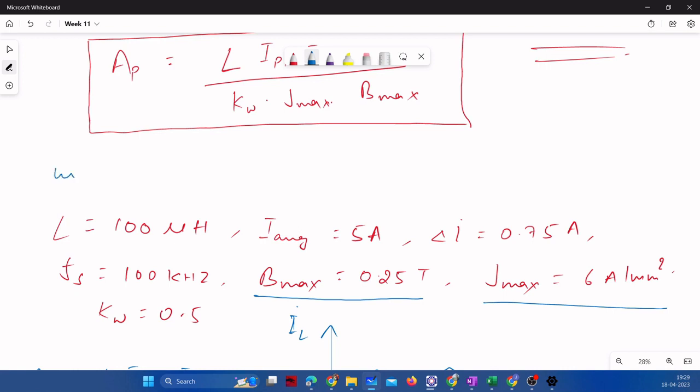Which material for Bmax equal to 0.25 Tesla?